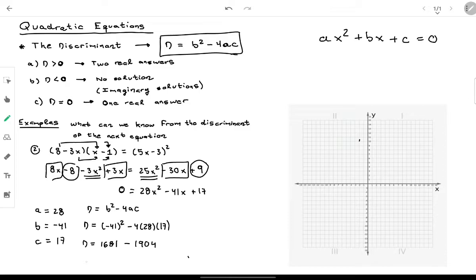So that means the discriminant is going to be minus 223. That means the discriminant is smaller than 0.